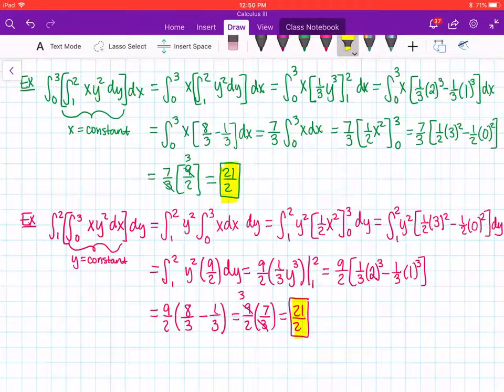All right. Hello, everyone. If you remember from our last example, we just integrated with respect to y and then x and then y. And we found out that we got the same numbers. And what's really nice here in mathematics is that this is no coincidence.